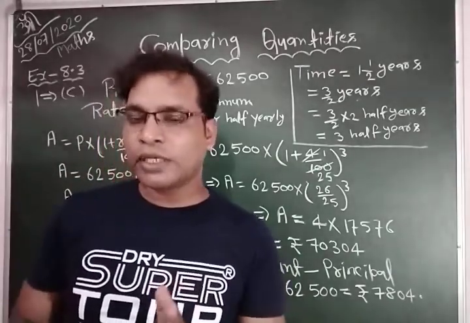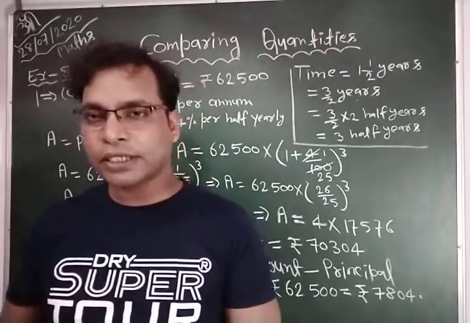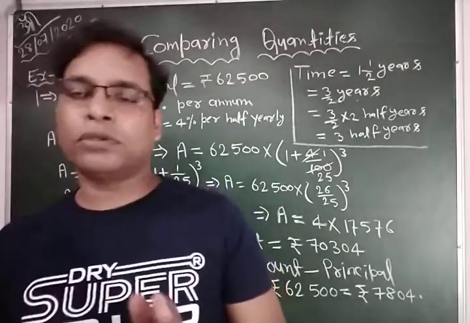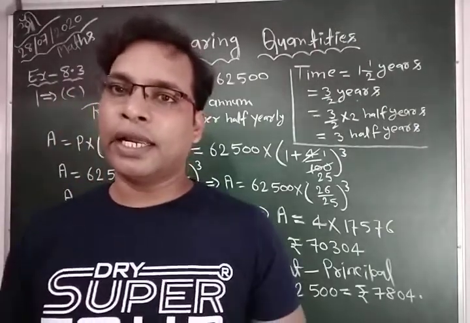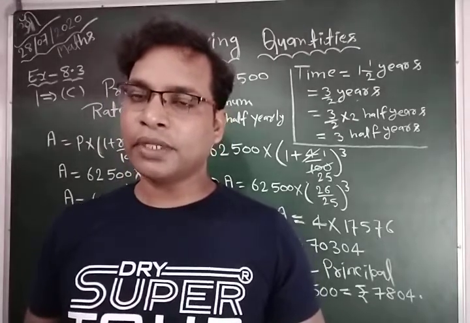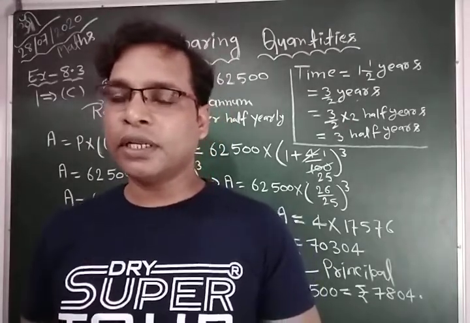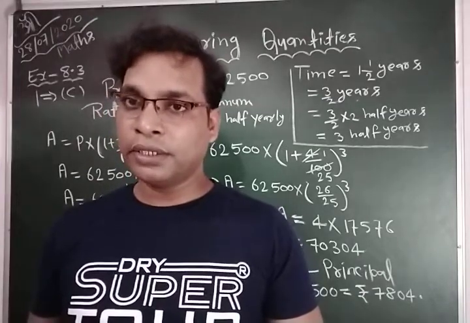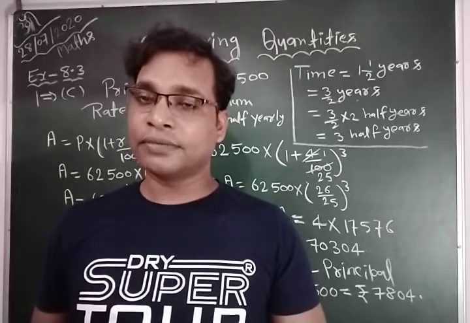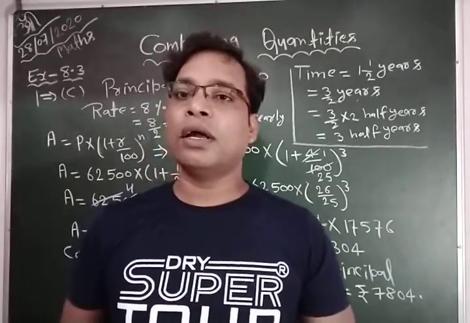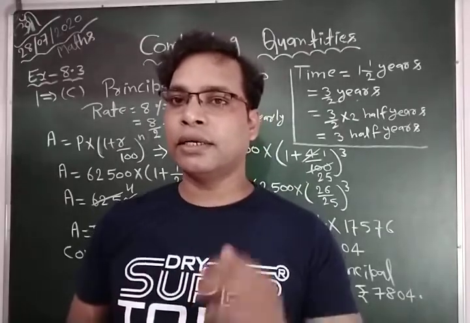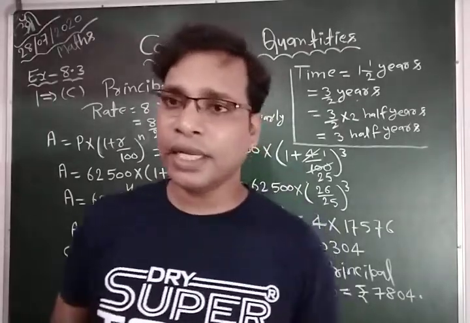So 1 year changed into half years gives 2 half years, and the rate 9% per annum divided by 2 gives 9 by 2 per half year. So rate is 9 by 2, time is 2 half years, and principal is 8,000.